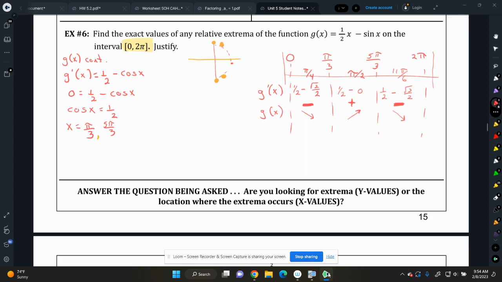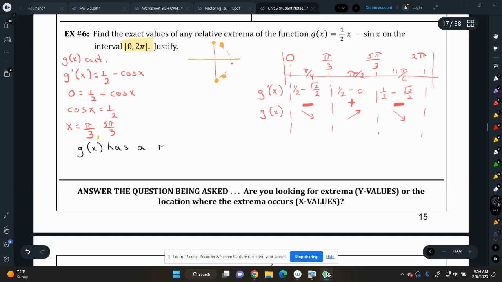Find the exact values of any relative extrema. Okay, so let's see here. G of x has a relative minimum of, so where is that occurring?